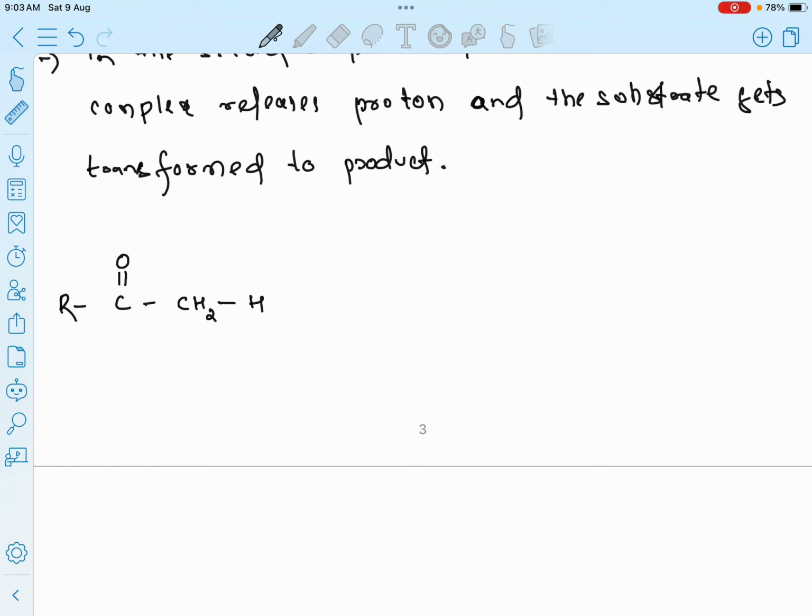Okay, so H plus is there, so this will take the H plus ion. So what will form? There is a simultaneous formation of a bond between O and H. Here delta negative, here delta positive, here delta negative will be there.